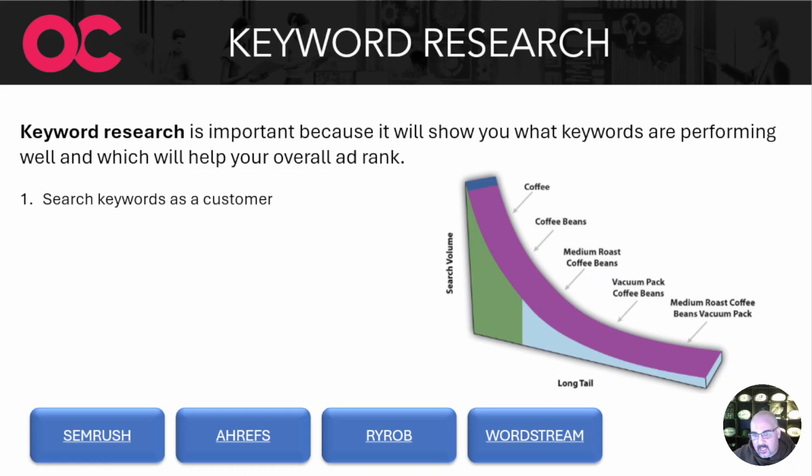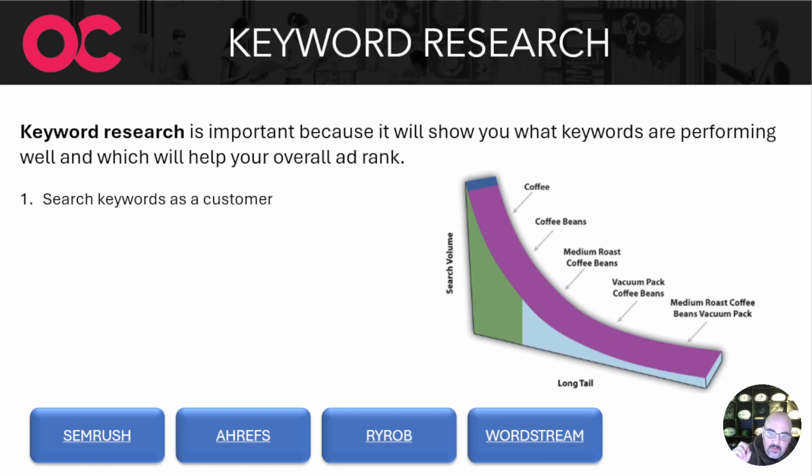If we get really long tail, we can see down the bottom there, medium roast coffee beans vacuum pack. So with that strategy of using that as something that you bid on, you might not get lots of people. Like, people might just be typing in medium roast coffee beans. You might not get a lot of people searching for that.